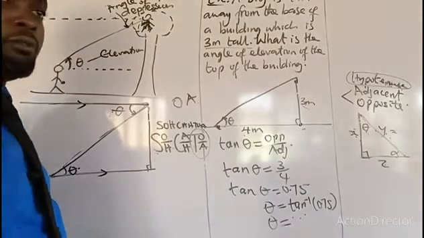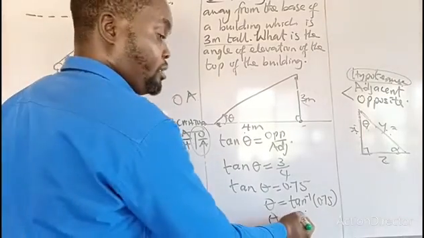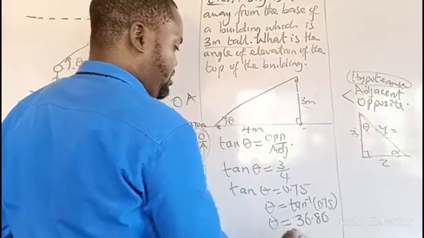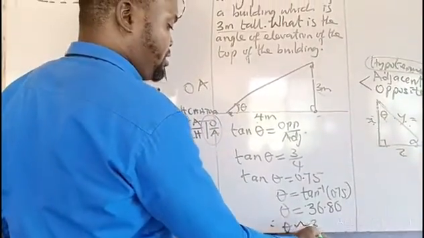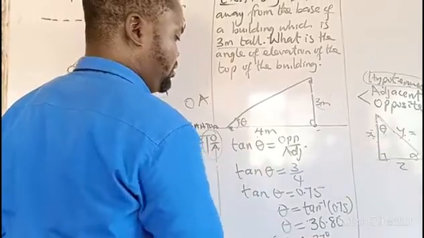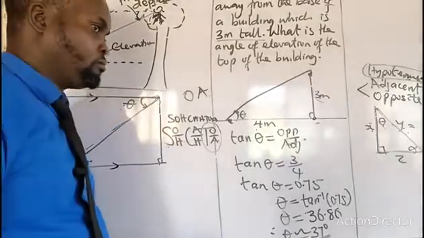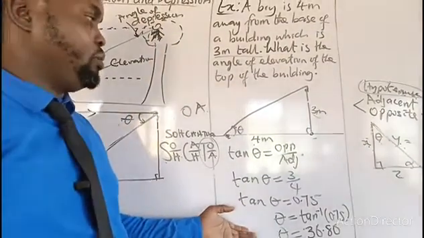What is that going to give you? Second function is also known as shift. Hope you know that. It gives us 36.86. Therefore, theta is approximately 37 degrees. Is that understood? So that is how we do it for angle of elevation.